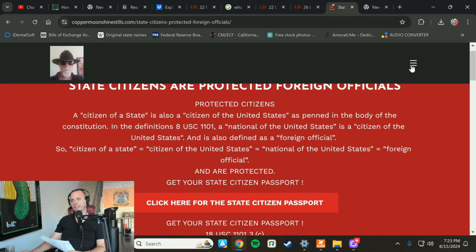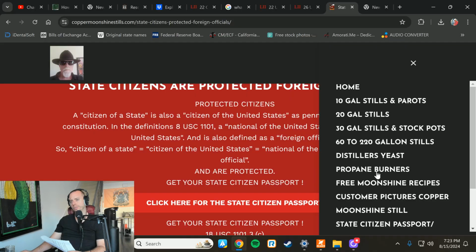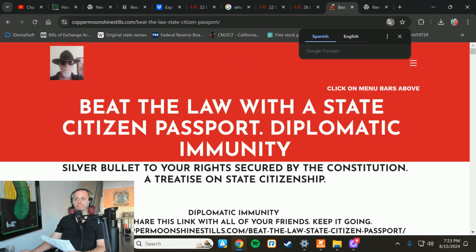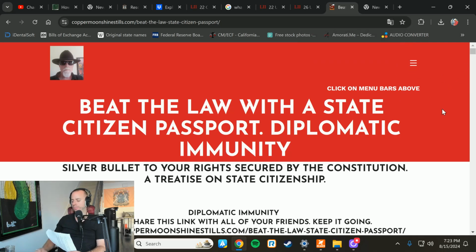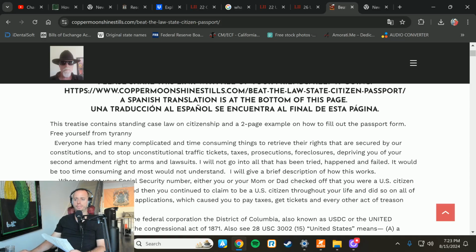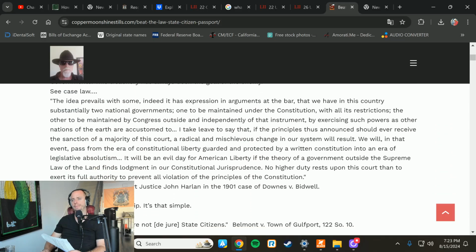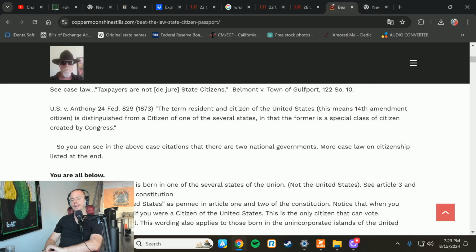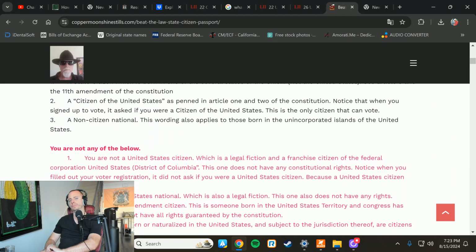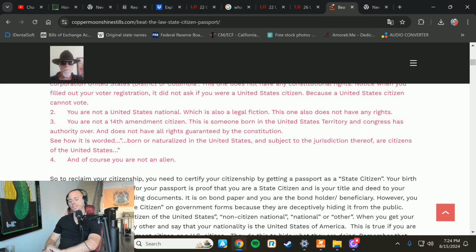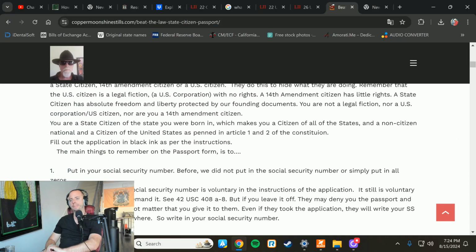And then he's got the state citizen passport page. This guy's been doing this forever and he's got all the info. Scroll all the way down, and we've got tons of great info here. If you can't find this page for some reason, or if it gets taken down, remember there's the Wayback Machine.